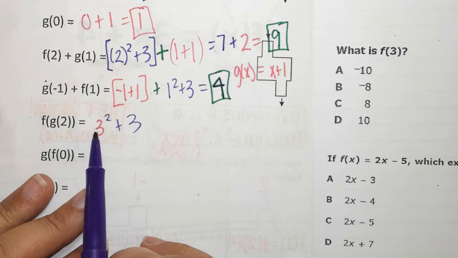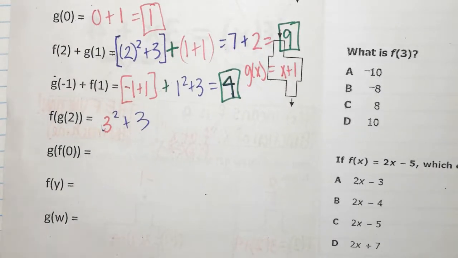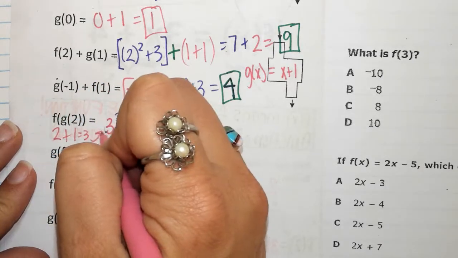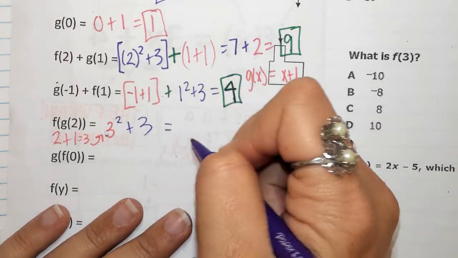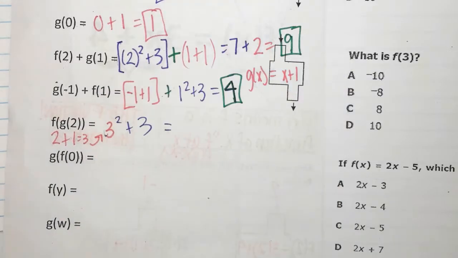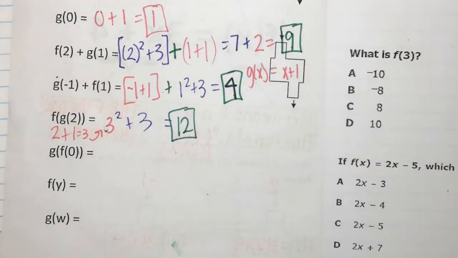And again, where did I get this 3 from? From G. I plugged in 2 into G, and I got 2 plus 1, which is 3, and then I put that here. Now, what's 3 squared? And then 9 plus 3 is? 12. Do the next one without me.